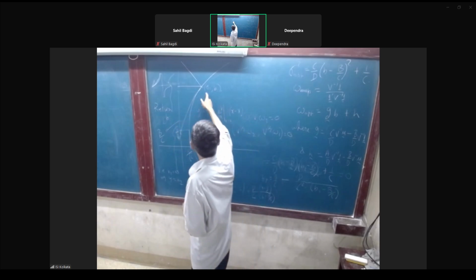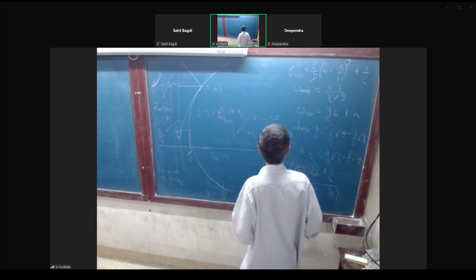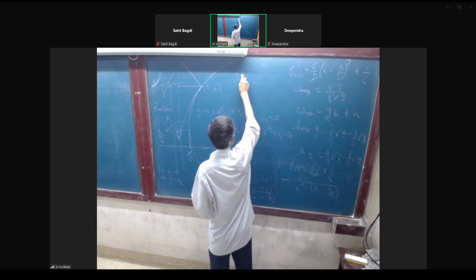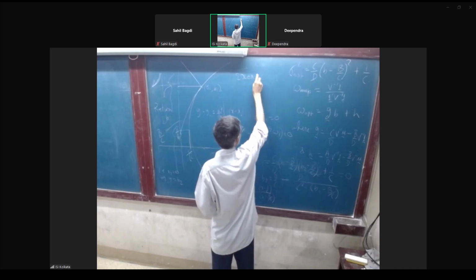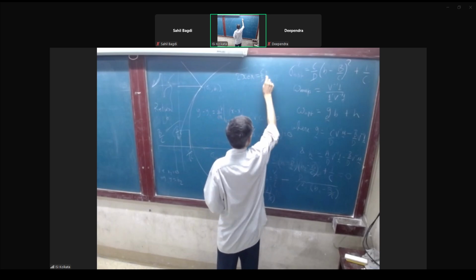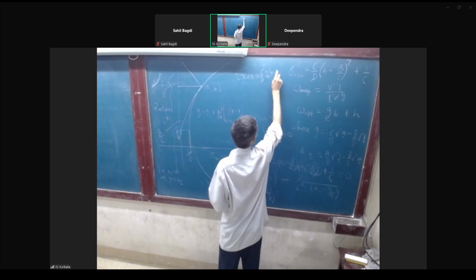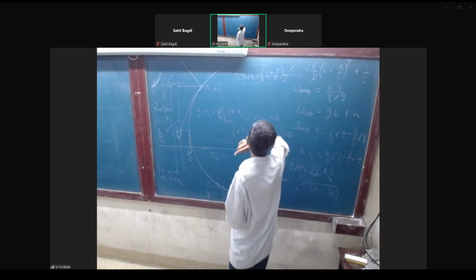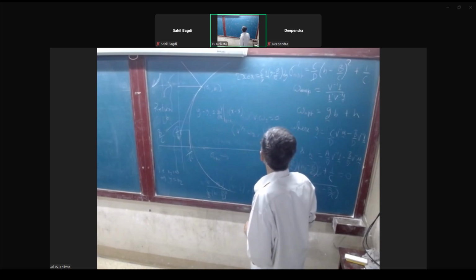Then you can write 2x dx equals c by d, 2y minus d by c dy.